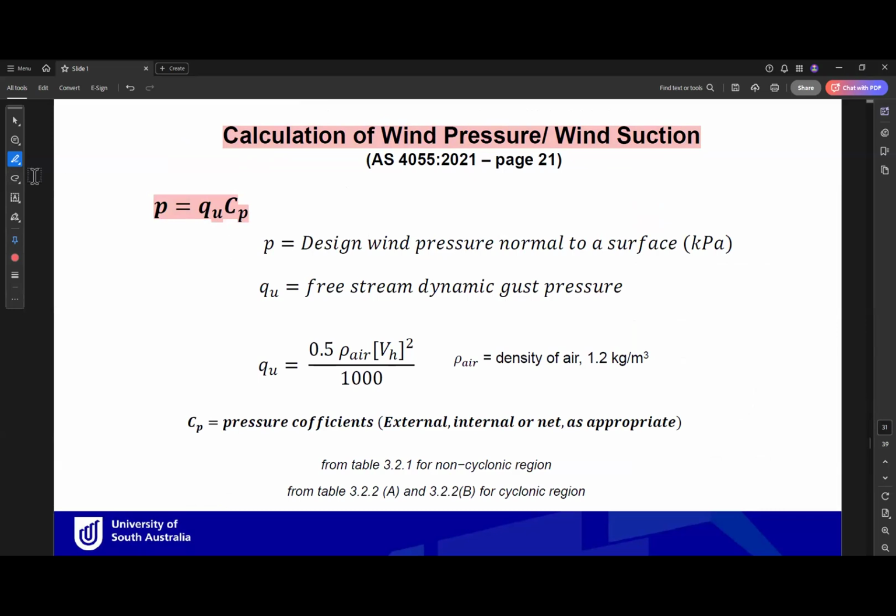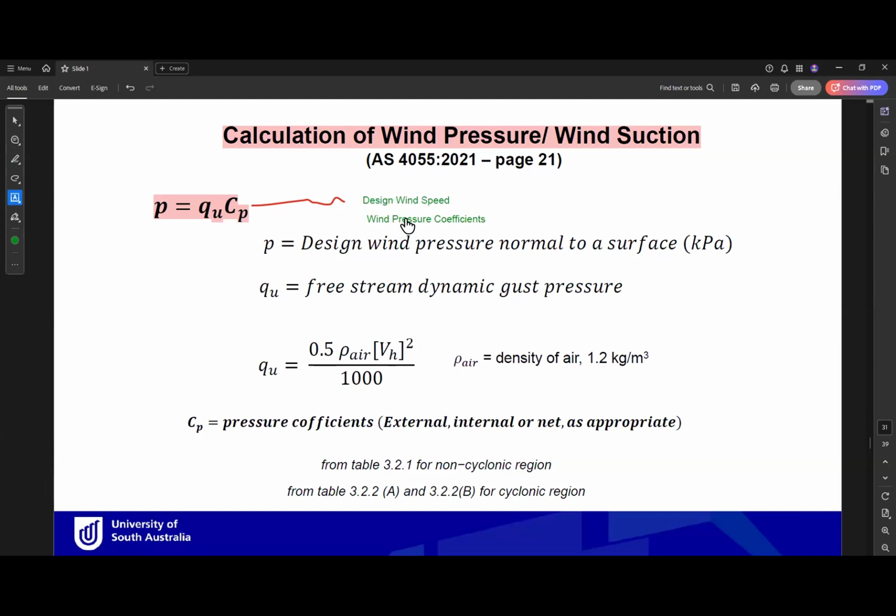To use this formula, you will need two things. Number one is the design wind speed. Number two is the pressure or wind pressure coefficient.